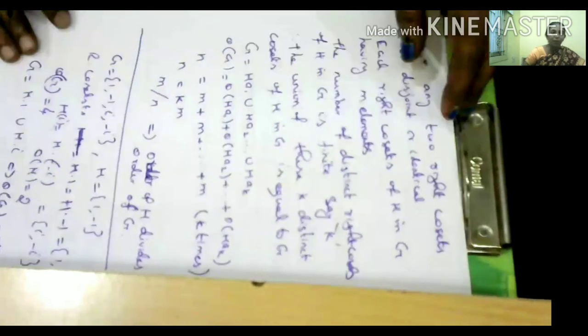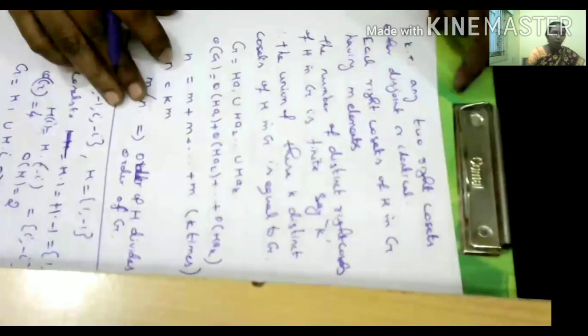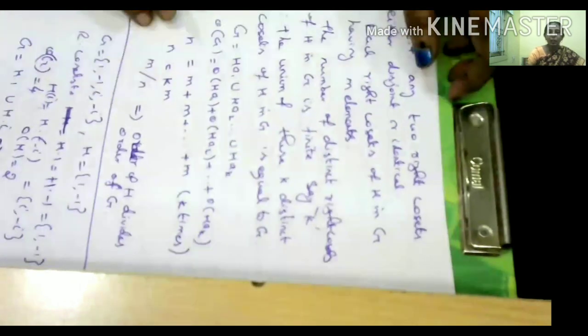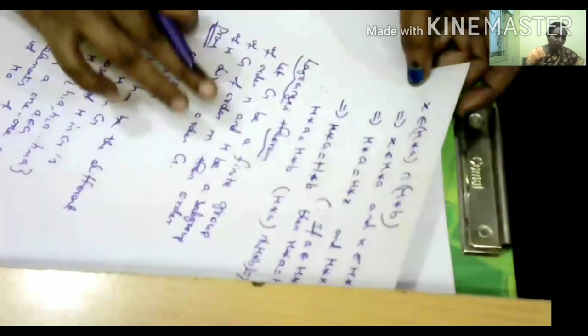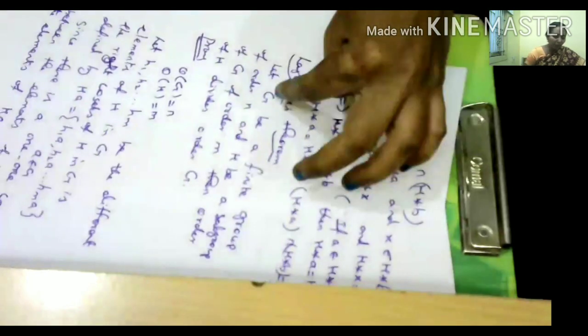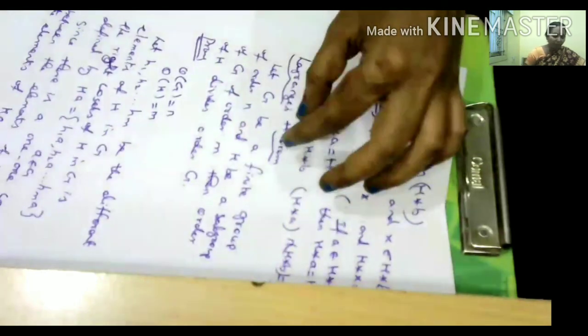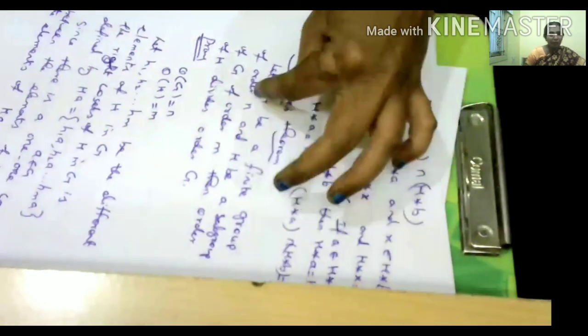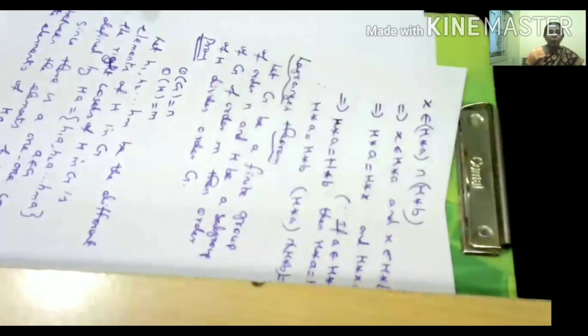Now the converse part of Lagrange's theorem: suppose order of H divides order of G, then can we conclude that H is a subgroup of G? The statement of Lagrange's theorem says, let G be a finite group of order n and H be a subgroup of G of order m. Then order of H divides order of G. This way we have proved the if part.